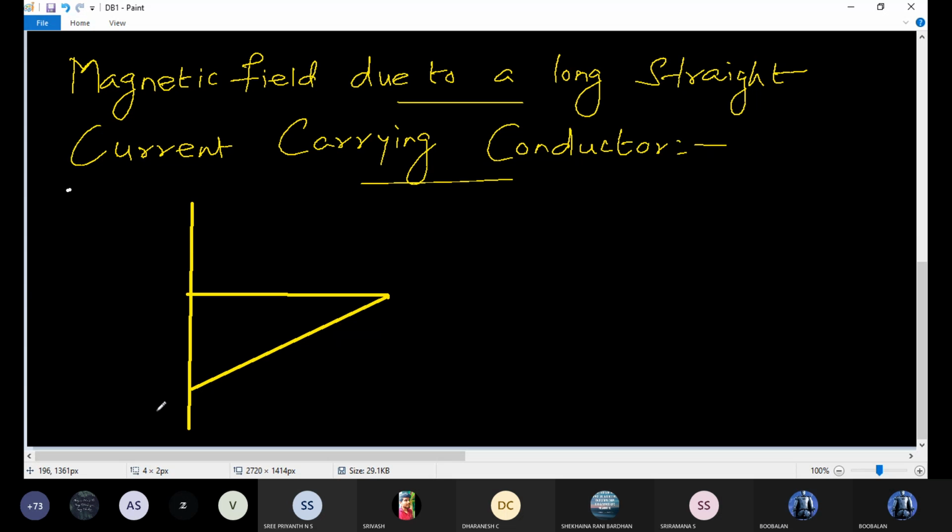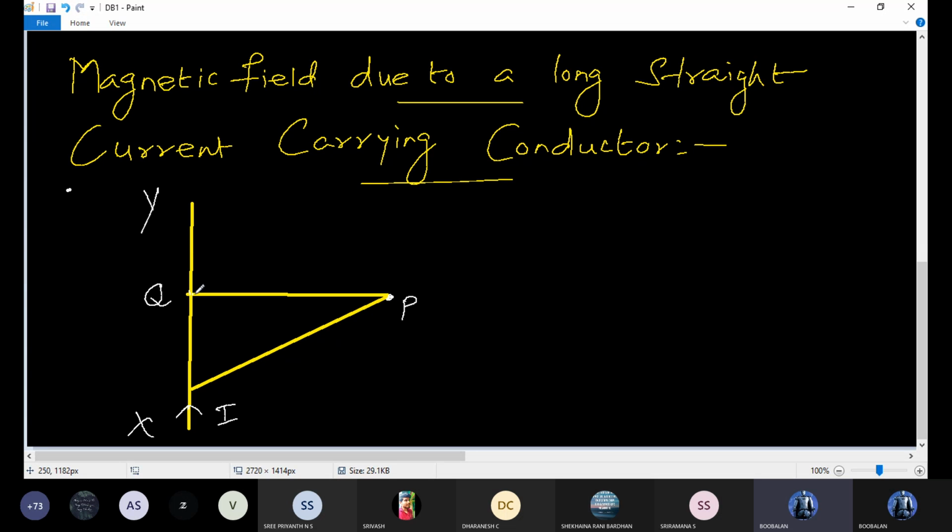Listen, XY conductor, the amount of current I is passing through it. In this center point, it is Q. This is the outside point P. So we wish to find the magnetic field at the point P. This one we are finding using Biot-Savart law.